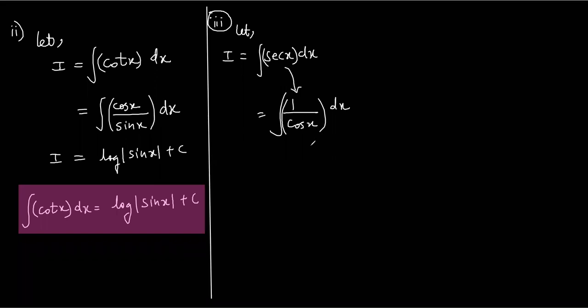Writing 1 upon cos, what will I do next? There is nothing I can do next. It is not wrong, sec x is definitely 1 upon cos. But is it going to get me the integration of this? Which result do I apply? No result. So remember, in integration, you have to apply something which gets you the result to be applied. So here, see what I do.